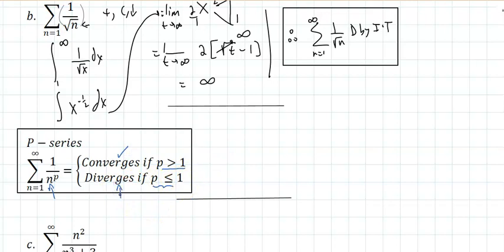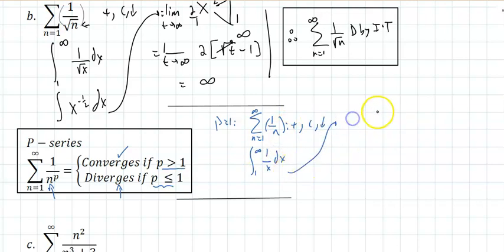Very simple. An example, if I let p equal 1, I'm looking at the series n equals 1 to infinity of 1 over n. Well, this is positive, continuous, decreasing. The integral from 1 to infinity of 1 over x dx, well, we know what that is.